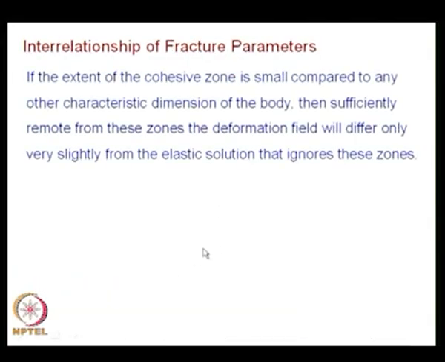And this was also mentioned in the last class. This is again discussed to emphasize that there is an interrelationship between various fracture parameters.